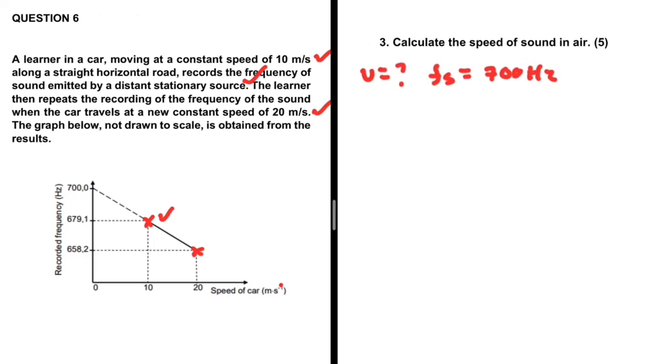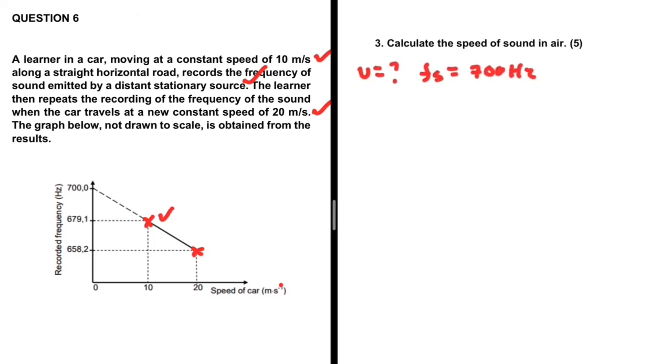Then we would have FL equal to 679.1 hertz. That is the observed frequency. And the speed of the car, that is VL, because it is the listener that is moving in a car, right? So VL will be 10 meters per second.